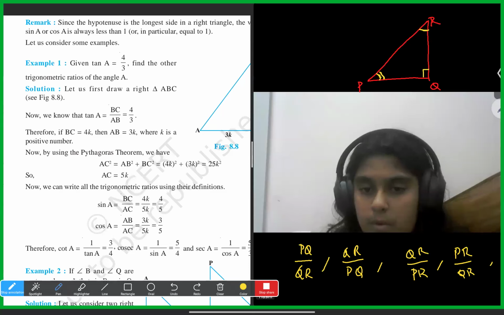One more is possible. Once try to think, what is the other ratio which you can write?